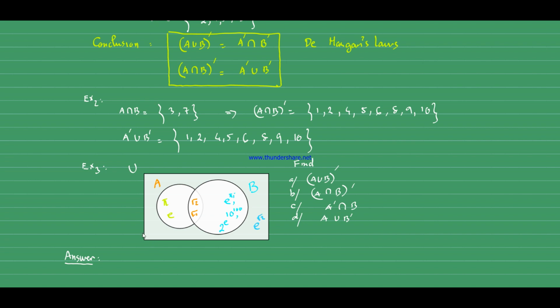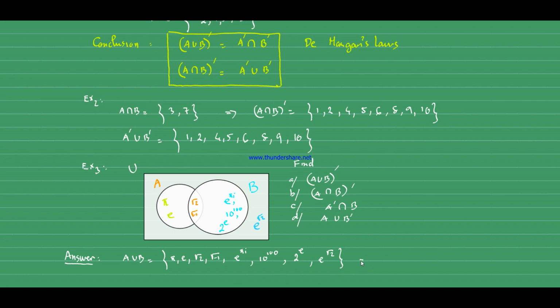Okay. So we want to find A union B first. A union B will be pi, e, square root of 2, square root of -1, e to the pi i, 10 to the 100, 2 to the e, and e to the square root of 2.